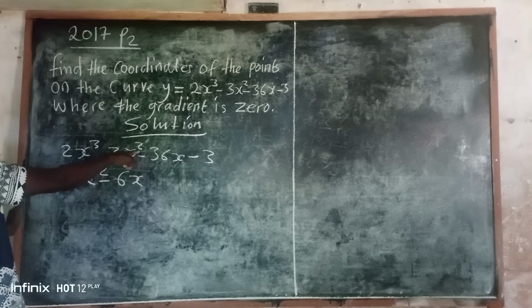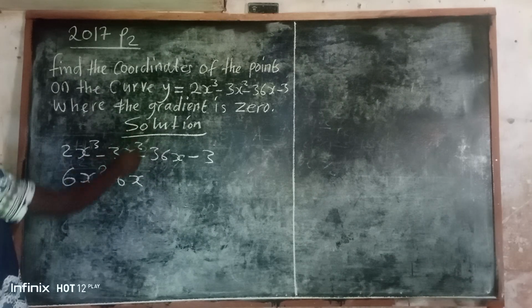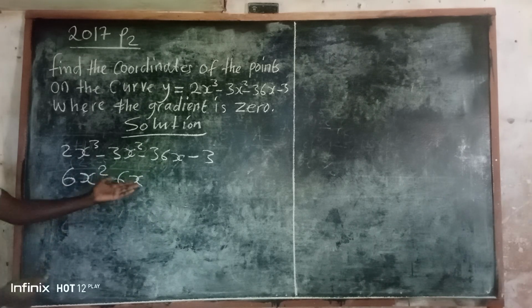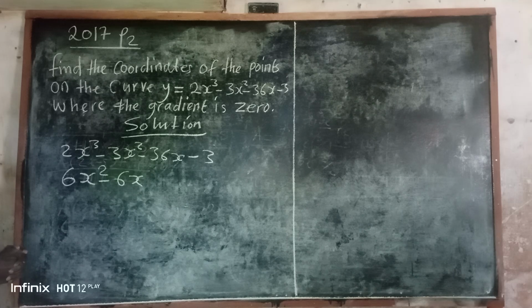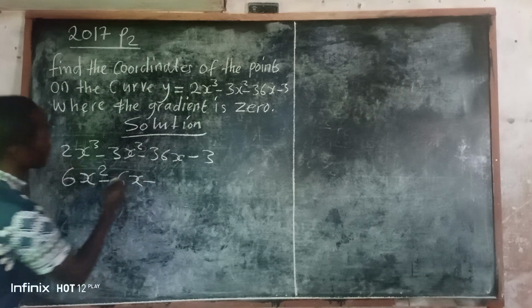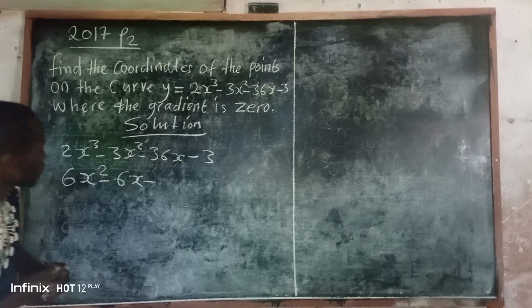Then the original power is 2, so 2 minus 1, we remain with 1. We can't indicate the 1 there, x power 1, because it is understood. So we are still remaining with the 2.